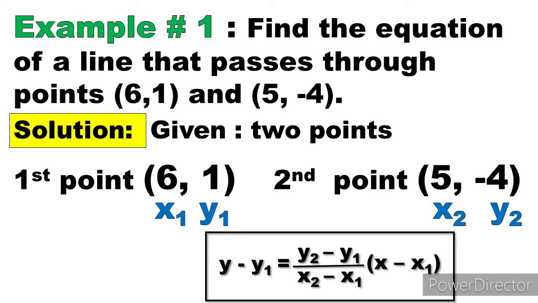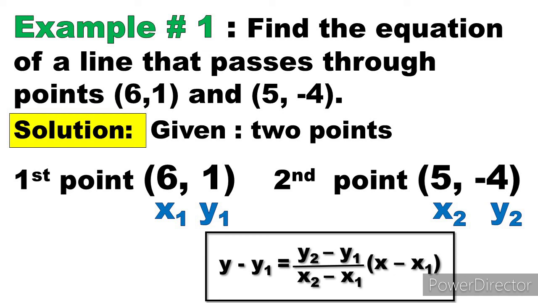Okay, so na-identify natin yung dalawang point. Yung first point is positive 6, positive 1. So, mag-a-assign tayo ng x sub 1, y sub 1. X sub 1 for 6, y sub 1 for 1. Since, yan yung first point. And then, sa second point, we have positive 5, negative 4. So, ang i-a-assign natin sa 5 is x sub 2.